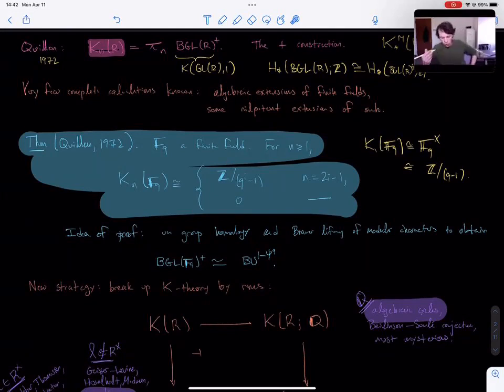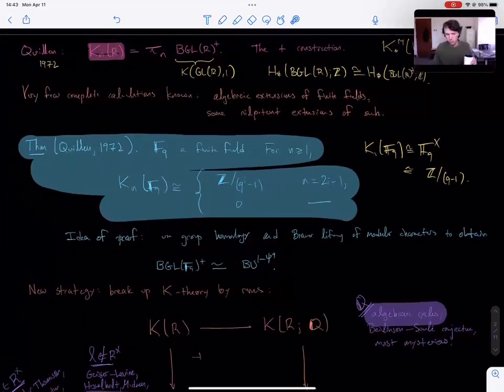And once you work around that enough, you get a map from this plus construction of BGL into BU, the classifying space of the complex unitary group. And then you have on BU this Adams operation, psi q, and it turns out that this map exactly identifies BGL(F_q) plus with the fiber of 1 minus psi q on complex K theory. And from that, you figure out exactly how that acts on complex K theory, and you pick out this computation.